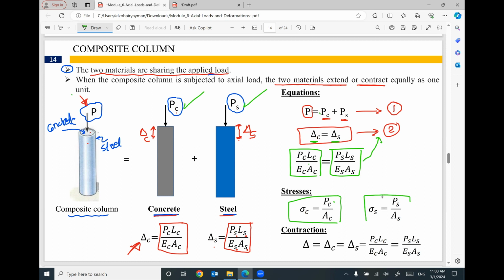The stress in steel equals the force in steel divided by the area of steel. Also, the final contraction in the composite column, delta, will be one of them, the contraction in concrete or the contraction of steel. Don't add both of them. The contraction in concrete, which equals the contraction of steel, will equal the final contraction in the composite column. That makes sense?